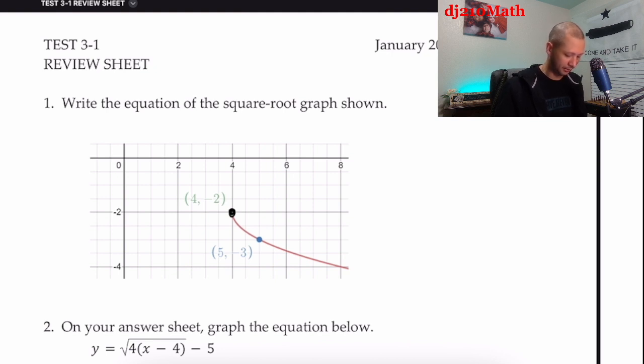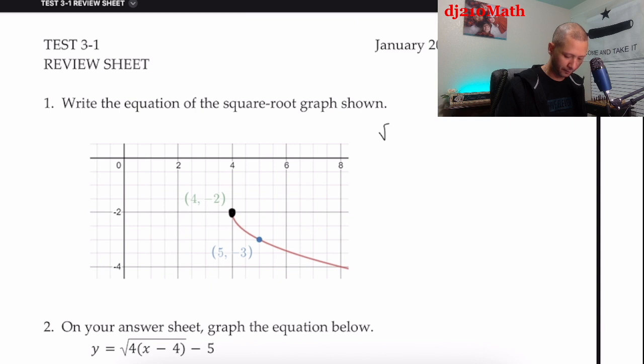It's the initial point. The parent function is always at the origin, and then it's going to shift from the origin. So from 0, 0, it goes to the right 4. So let's think about this.